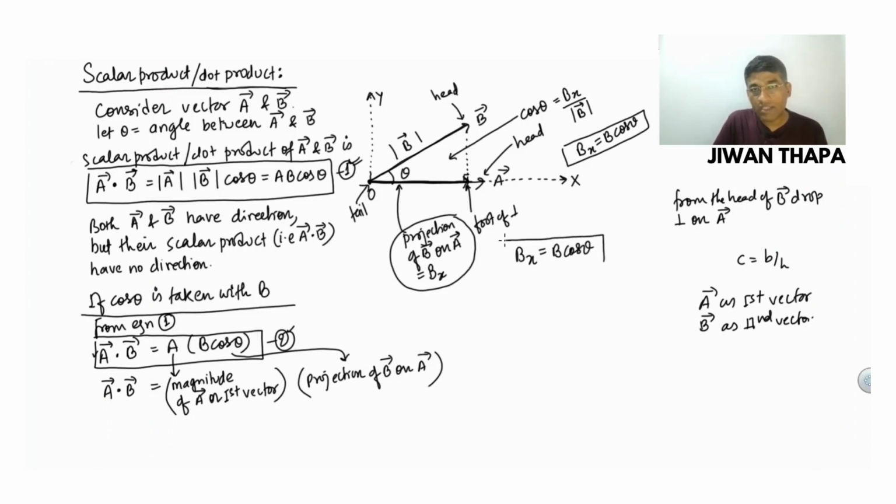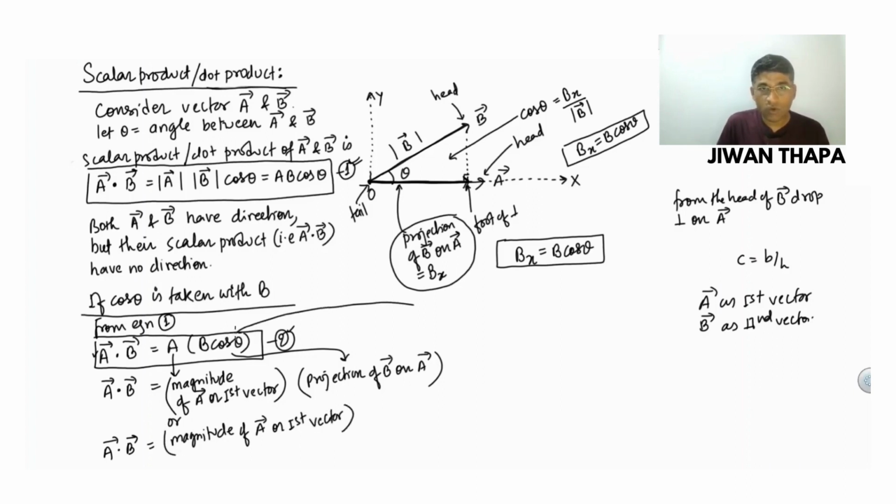So we have this, or we can also write in this way: the scalar product or dot product of vector a and b equals the magnitude of vector a, the first vector, times, what is this?